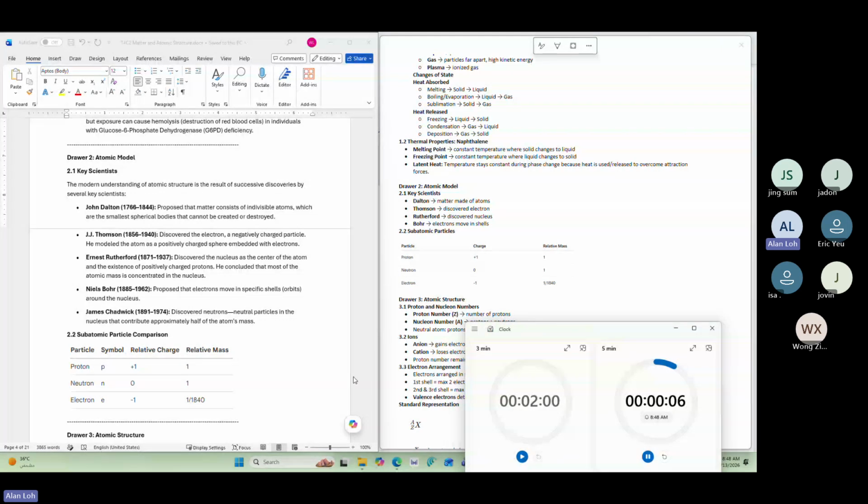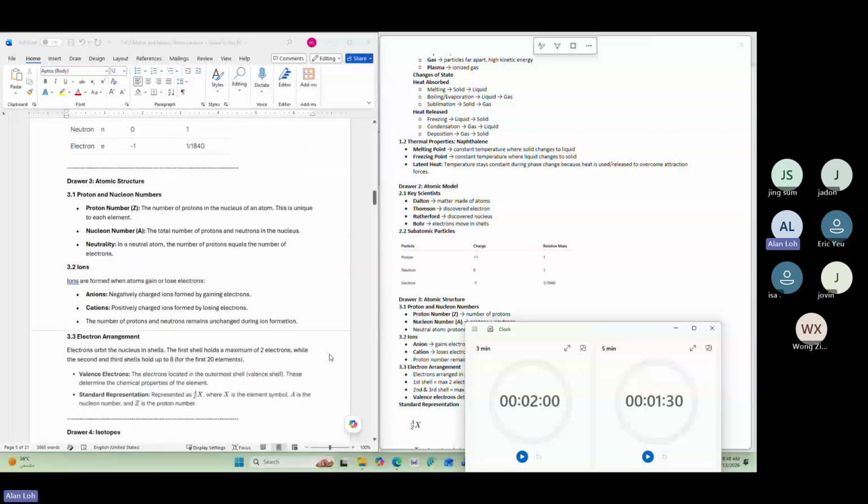Okay. We'll try to go a bit faster this round and without rest. There's no 5 minutes rest, just for information. Okay, for this drawer 3, we'll also do 1 minute and 30 seconds. Let's start now.